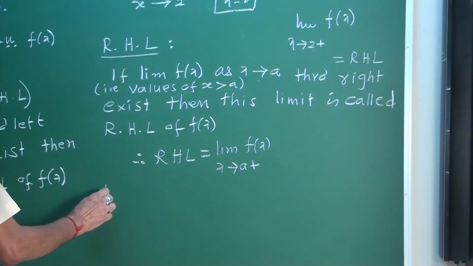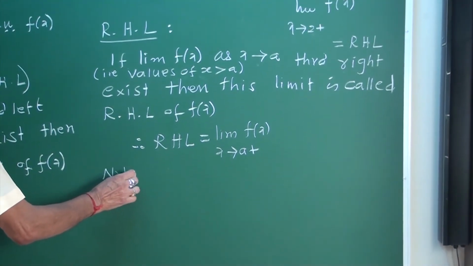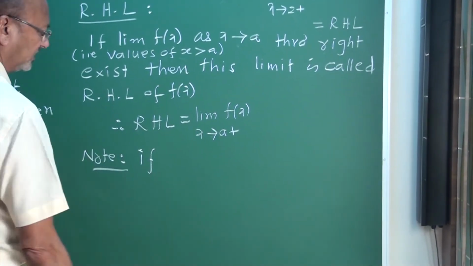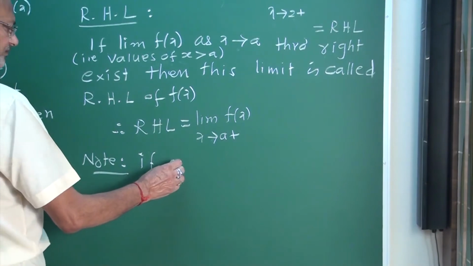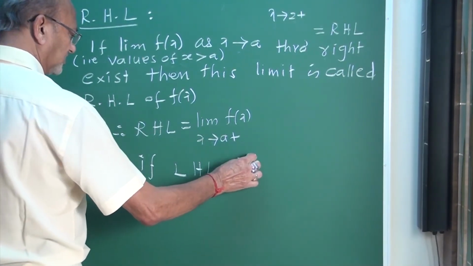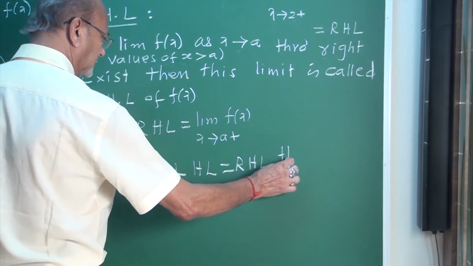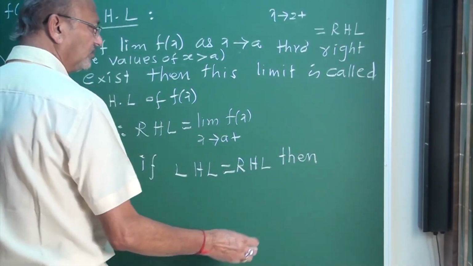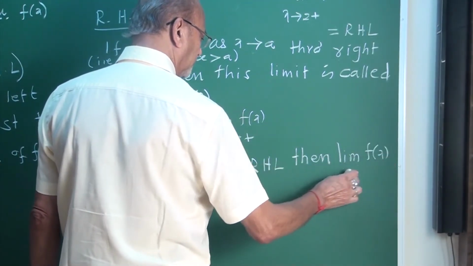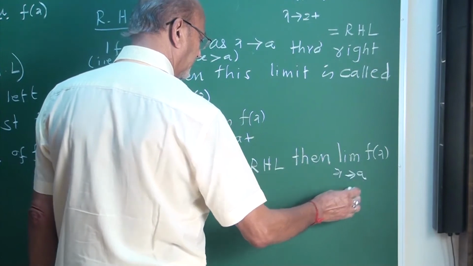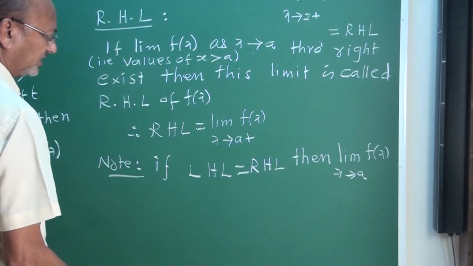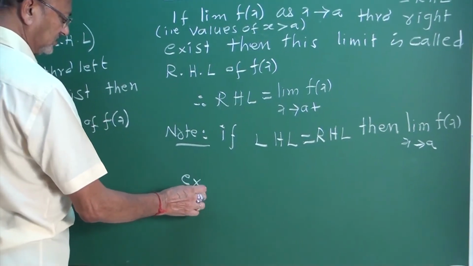Then what is the note, my friends? Note: if LHL equals RHL, then the limit of f(x) as x tends to a exists.